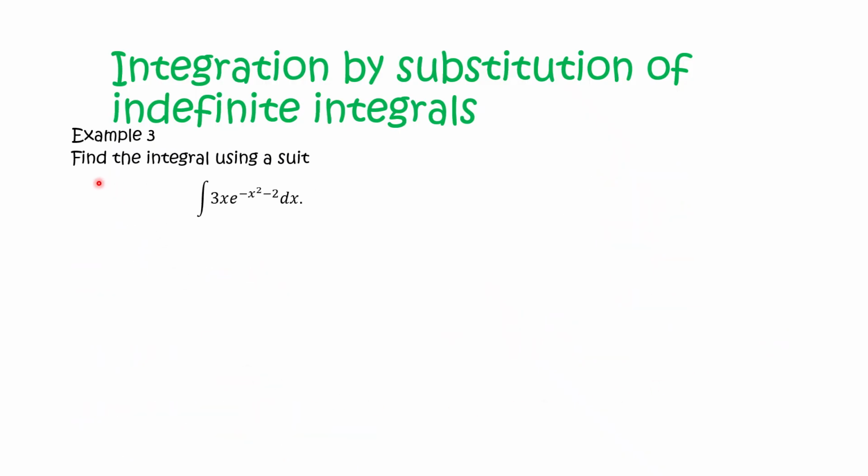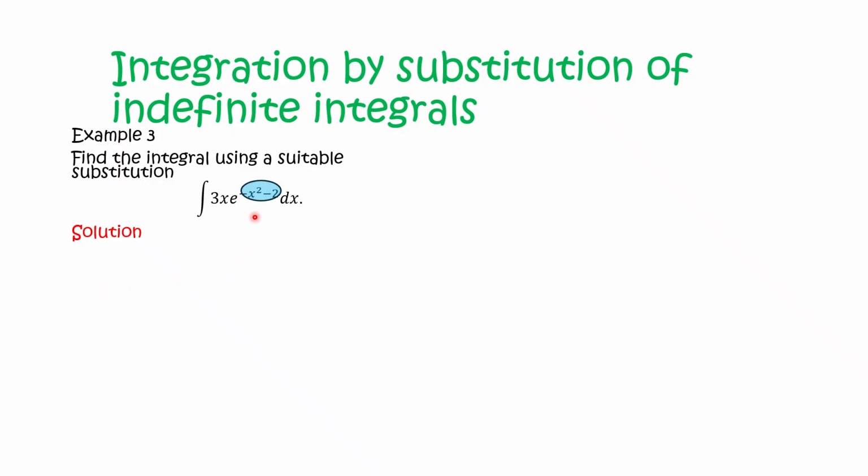Let's look at the final example for the section. Find the integral using a suitable substitution. The integral of 3x times e to the power minus x squared minus 2 dx.